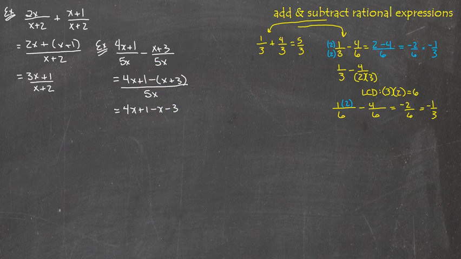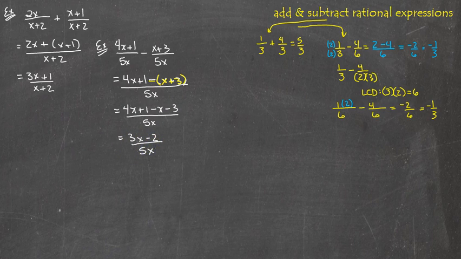So you have to be really careful about that, protecting your numbers. In this case, the number is a binomial. And when you subtract that binomial, you have to be really careful about protecting it with parentheses. Okay, so 4x minus x is 3x, 1 minus 3 is minus 2, over 5x.